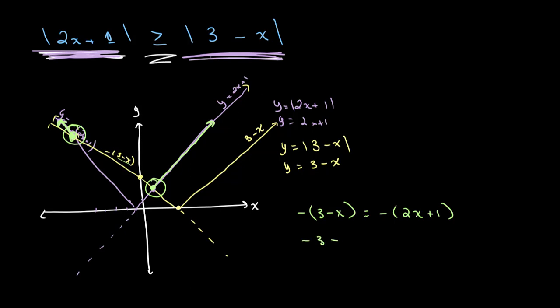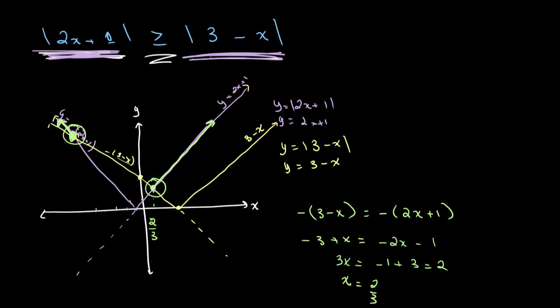So we get minus 3 plus x is equal to minus 2x minus 1. From this we get 3x is equal to minus 1 plus 3, which is equal to 2, and x is equal to 2 over 3. So at this point, right here, x is equal to 2 over 3.